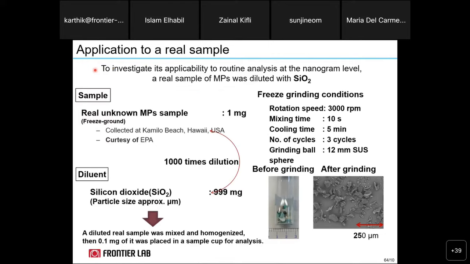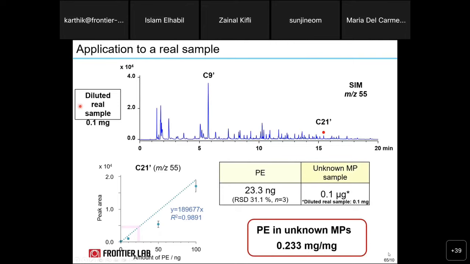We have taken a real unknown sample collected from Kamilo Beach in Hawaii, the US. This sample we got from EPA had been diluted with silica. After homogenizing with the cryomill, we have taken a sample of 0.1 milligram.